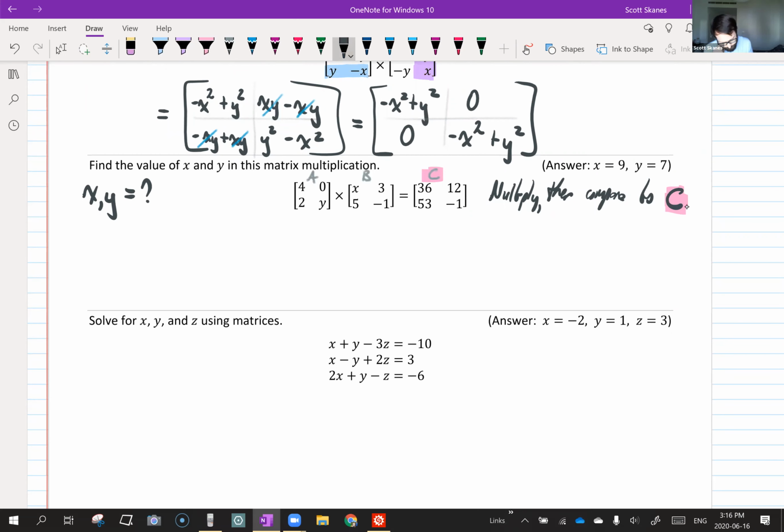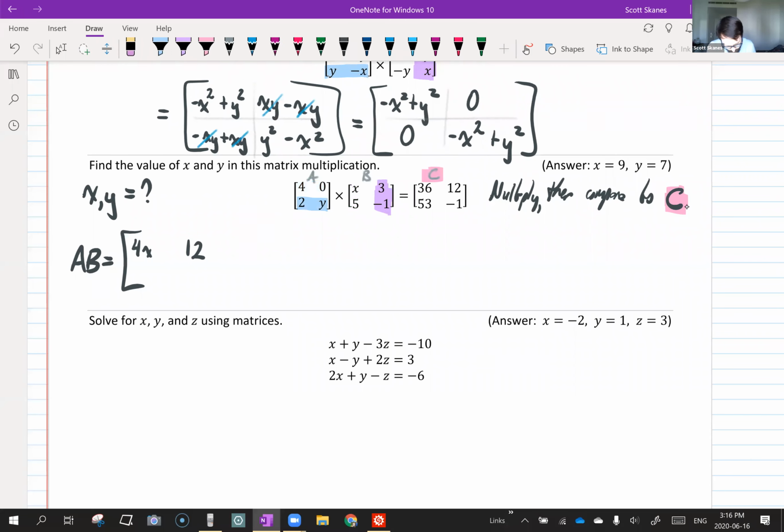So let's do that. AB is, for the same reason as before, I'll just put the colors in. The first row, first column is 4x plus 0, so just 4x.